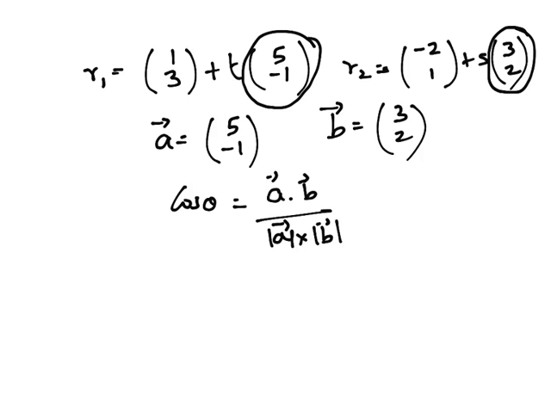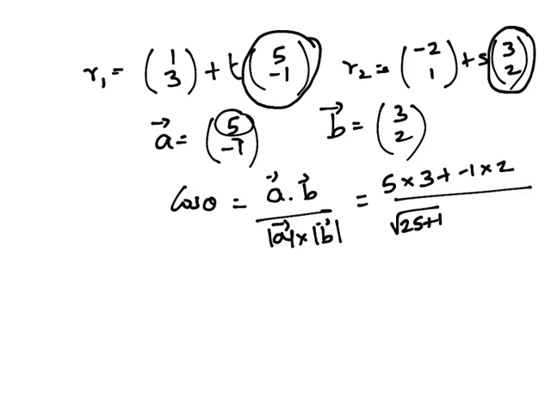So you get a dot b as 5 into 3 plus minus 1 into 2, divided by magnitude of a, which is square root of 25 plus 1. I hope you got how. Square this, add it, and take the square root, and multiply it with the magnitude of b, so square root of 9 plus 4.